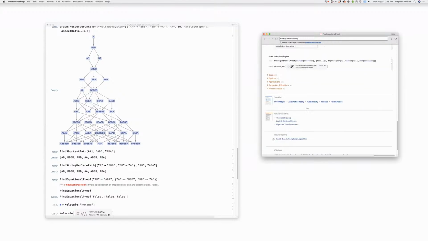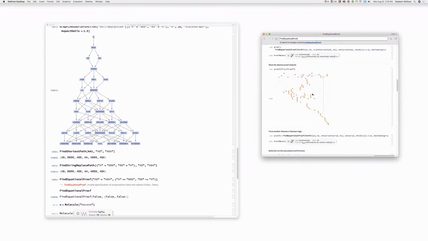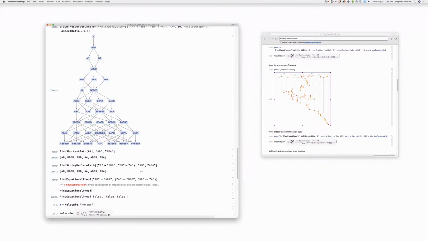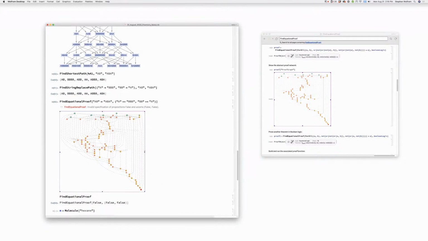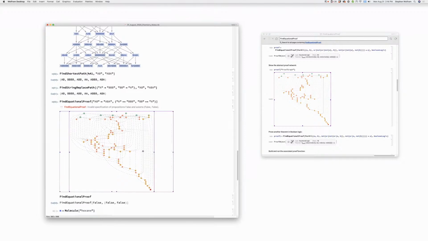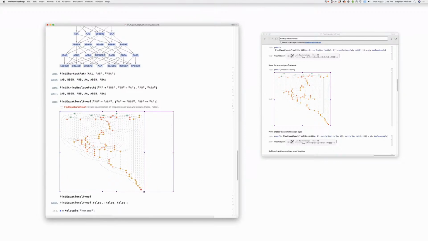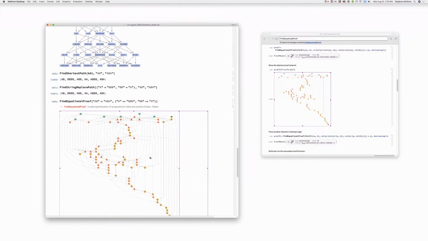Okay, so what I wanted to show you was, take a random proof graph here. Okay, so this, rather confusingly, is similar to, but not quite the same. So this essentially has one path.